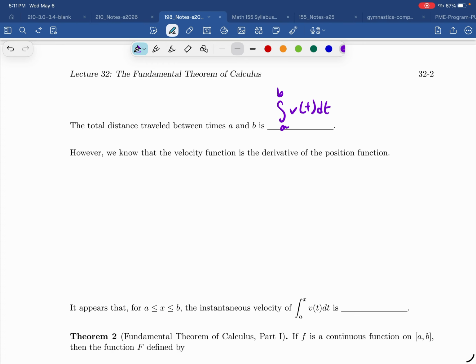But on the other hand, we know that velocity is the derivative of the position function, right? We know that s prime of t equals v of t.